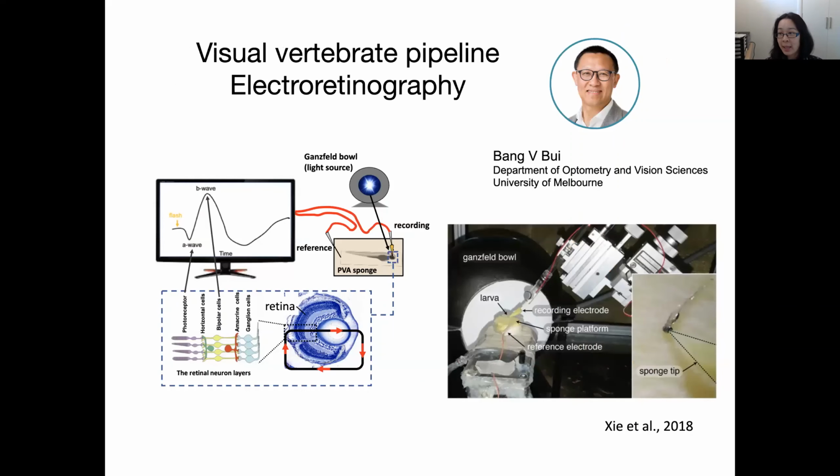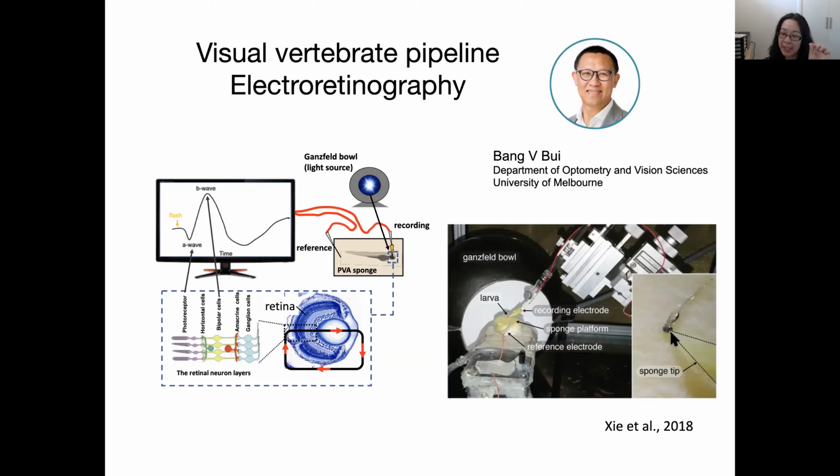The other test that can be done, that is also done in mammalian models, also in Beng's lab, is electro-retinography. So we modified his mouse setup to work with larval fish. You can't actually see the larva because it's very small. But when we zoom in, Jiaheng managed to optimize this procedure to have more reliable results using a novel sponge tip electrode with a silver wire.